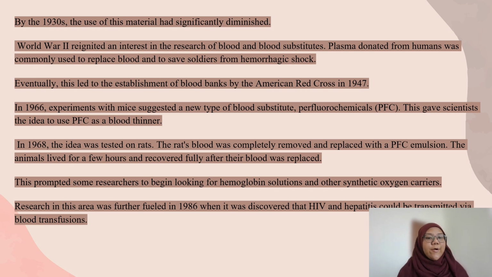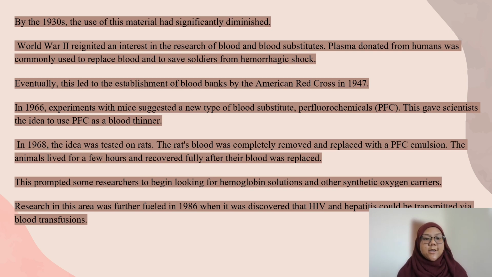World War II reignited an interest in the research of blood and blood substitutes. Plasma donated from humans was commonly used to replace blood and to save soldiers from hemorrhagic shock. Eventually, this led to the establishment of blood banks by the American Red Cross in 1947.